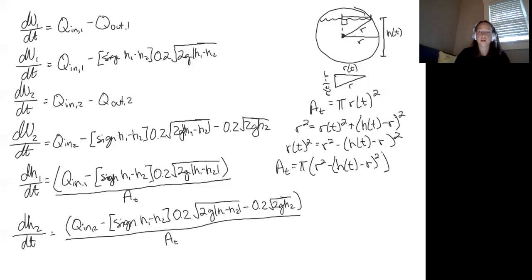Okay, so now we can plug this expression for the cross-sectional area of the tank back into the differential equations, and that is our target. So that's what we need.